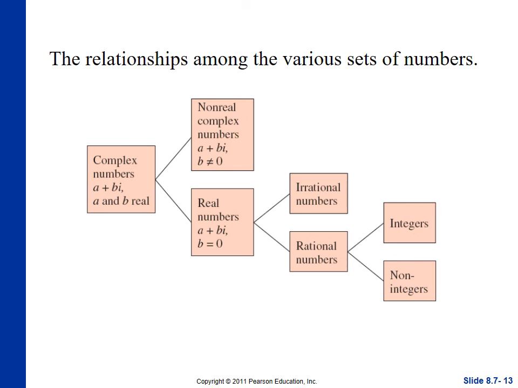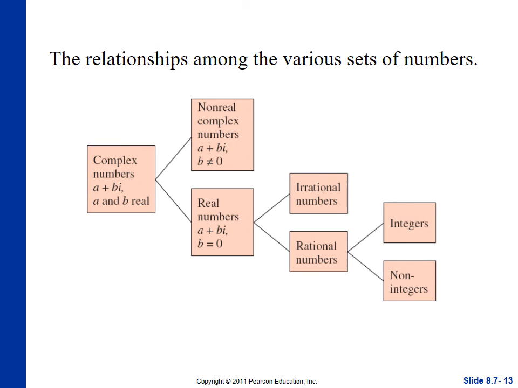So if we look here, the relationships over here, basically the tree. You have complex numbers, which are a plus bi, and a and b are real. And then non-real complex numbers where b does not equal 0. And then you have real numbers where b is equal to 0.